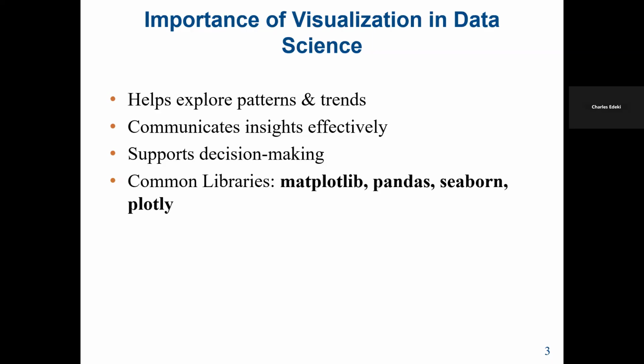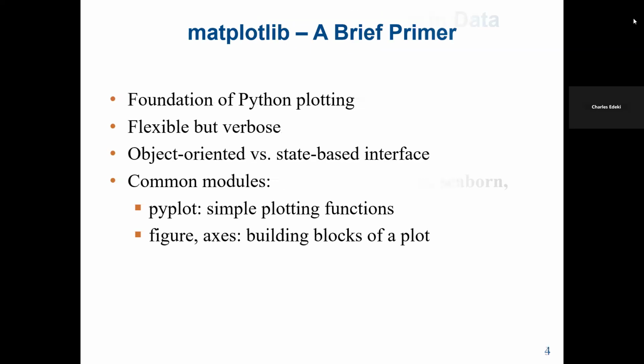As we said, the libraries we're going to use here will be matplotlib, which is the foundational one. Then we have pandas integrated, and also Seaborn, which is the high-level statistical one. So first we start with matplotlib. Matplotlib is the oldest and most widely used Python plotting library.